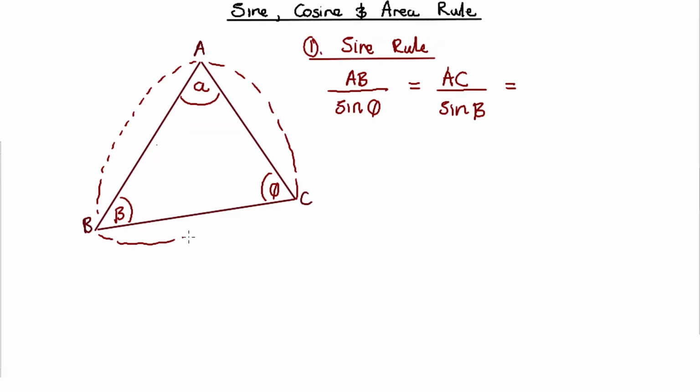And then I can say the same thing about BC over the sine of its opposite angle, which is alpha.